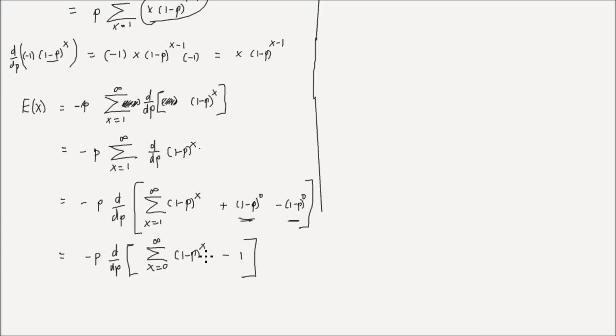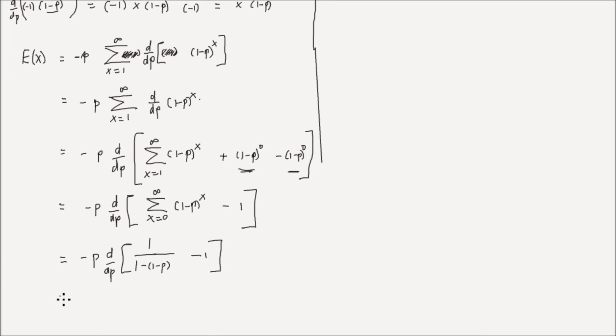So that I have this as d by dp of 1 over 1 minus p. A geometric series sums to 1 divided by 1 minus the common ratio. In this case, the common ratio is 1 minus p, minus 1.